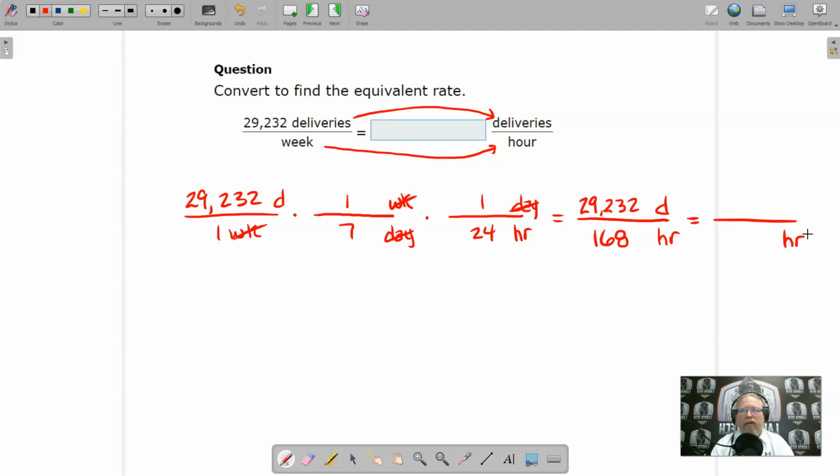In order to get a unit rate, I'm going to divide both the numerator and the denominator by the value of the denominator. 168 divided by 168 is 1, and 29,232 divided by 168 is going to be 174. And for those of you saying that's supposed to be a 1 in the denominator, you would be correct. So 174 deliveries per hour.